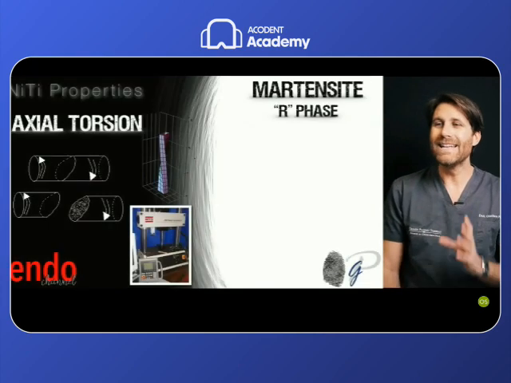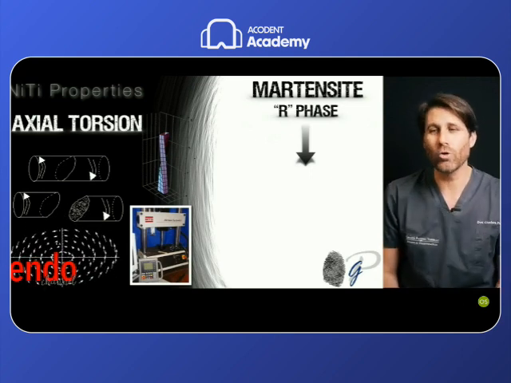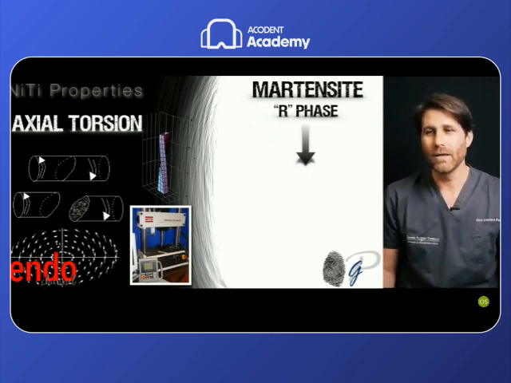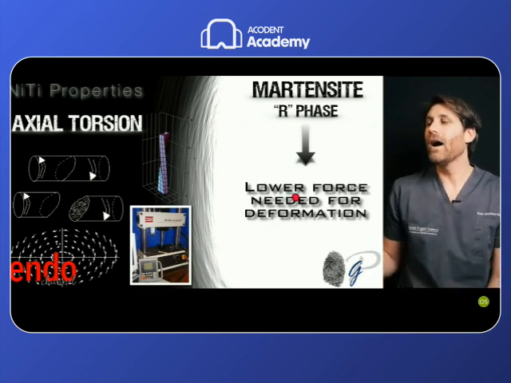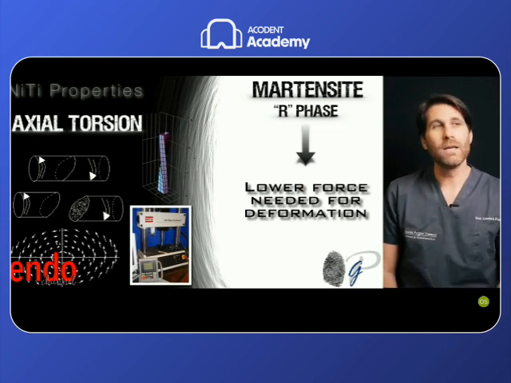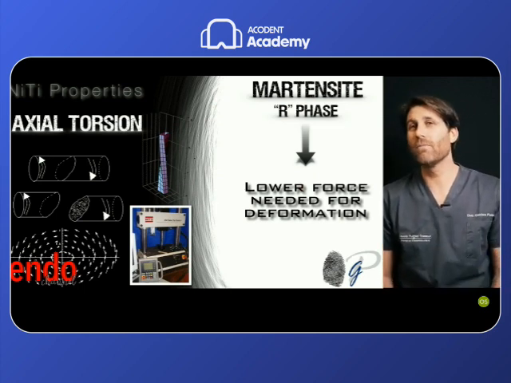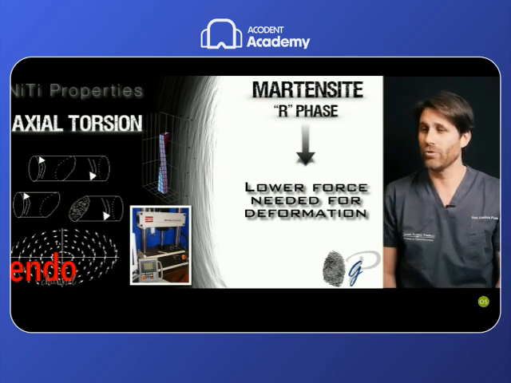But in this case, we need resistance to axial torsion, not flexibility. So a martensitic or R-phase file needs a lower force for deformation. Because they are more flexible, the metal is more ductile, as I have already described in other parts of this endochannel.